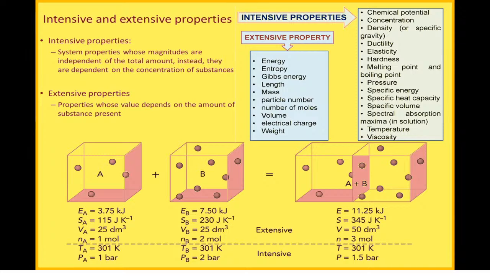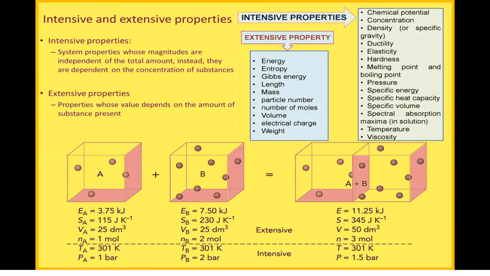And you can see the intensive properties, parameters, system properties whose magnitudes are independent on the total amount. Instead, they are dependent on the concentration of substances. These are intensive properties. Extensive properties whose value depends on the amount of substance present.